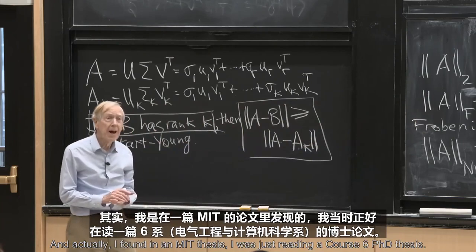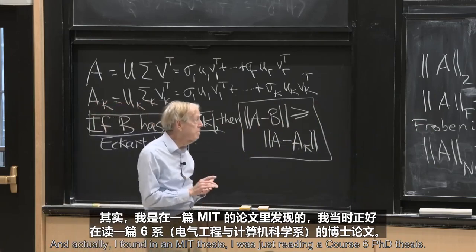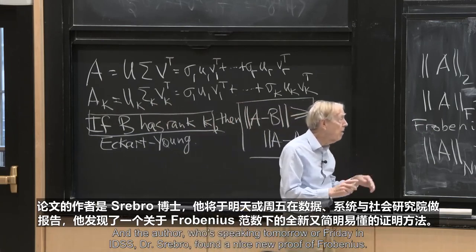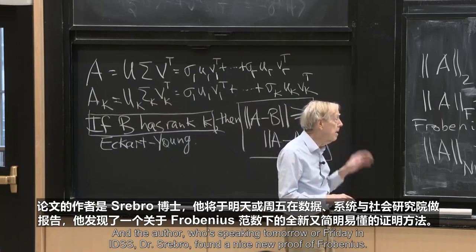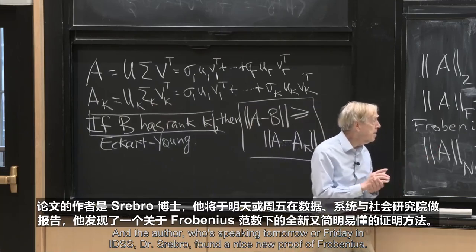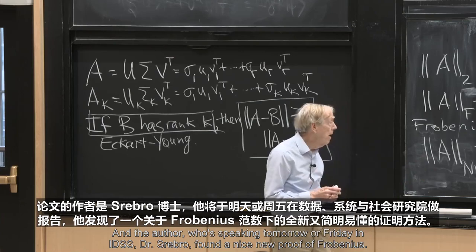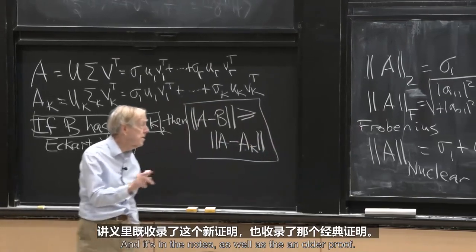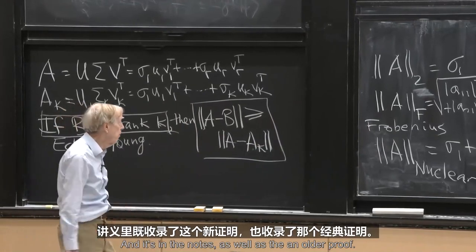And actually, I found in an MIT thesis, I was just reading a course 6 PhD thesis, and the author, who's speaking tomorrow or Friday in IDSS, Dr. Srebro, found a nice new proof of Frobenius, and it's in the notes, as well as an older proof.